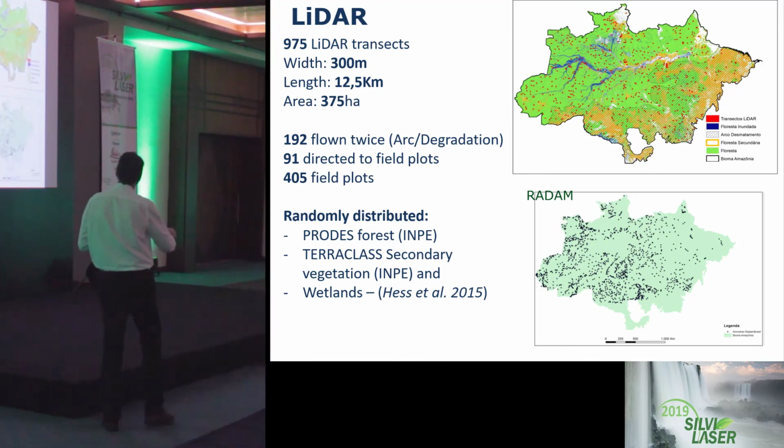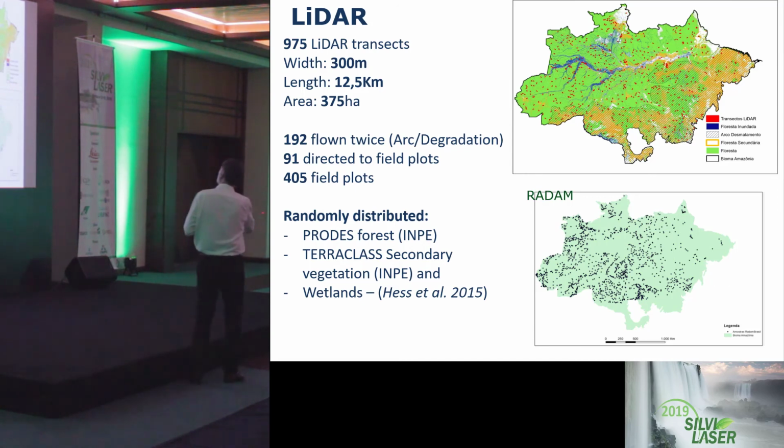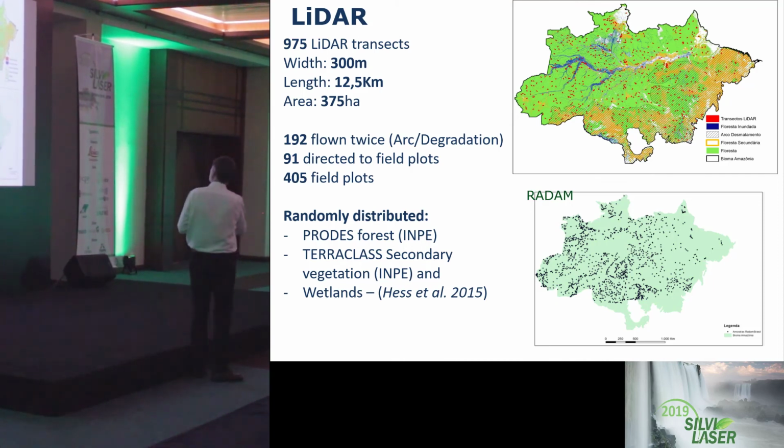To decide where to distribute the transects, we used some sources. We flew over pristine forest. We had some degraded forests, as Michael showed yesterday. But we used products from INPE, the National Institute for Space Research.